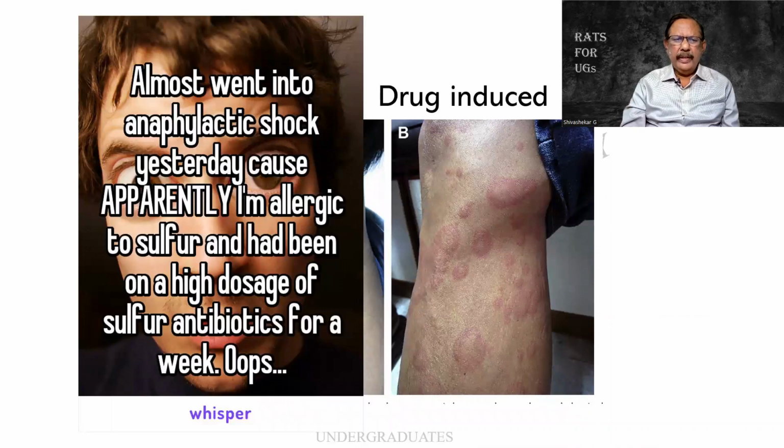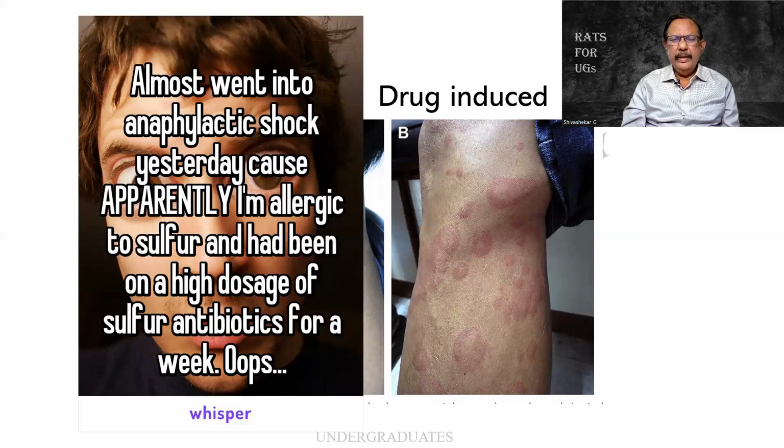Almost went into anaphylactic shock yesterday. Apparently, I am allergic to sulfur and had been on a high dosage of sulfur antibiotic for a week, and this is what I had developed. In fact, I remember what my professor of dermatology, Dr. Augustine Paul, had advised. A patient had taken some drugs from the government hospital. Those days, sulfa used to be the cheapest antibiotic that could be given, and immediately he had developed rashes all over the body.